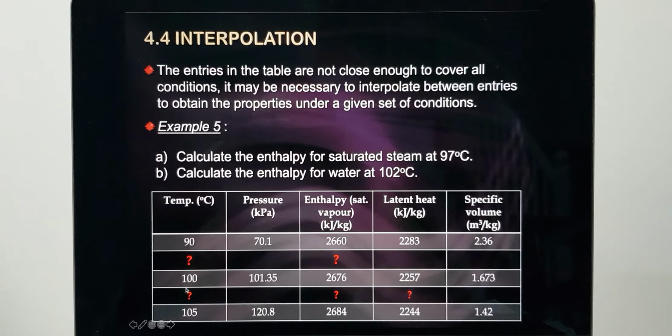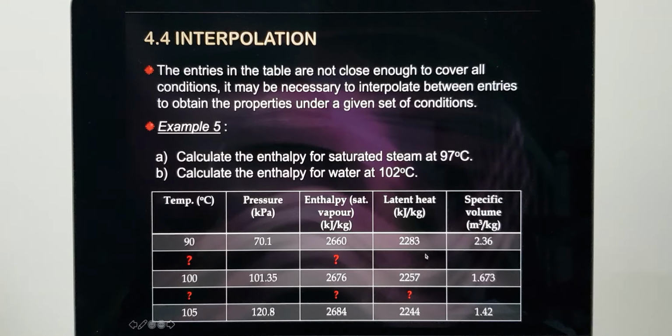So 102 degrees Celsius is located in between 100 and 105. Then we have the value for the pressure, the enthalpy and the latent heat at 90 degrees Celsius. For 100 it is the same thing. We have the value for the enthalpy as well as the latent heat at 100 degrees Celsius. And at 105, we have the value as well for the enthalpy and the latent heat.